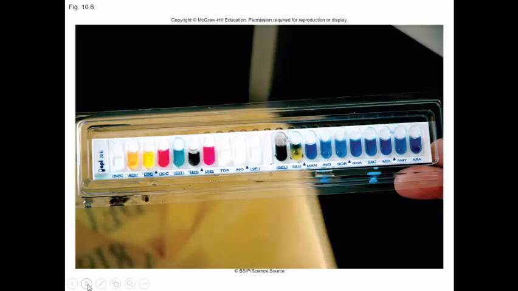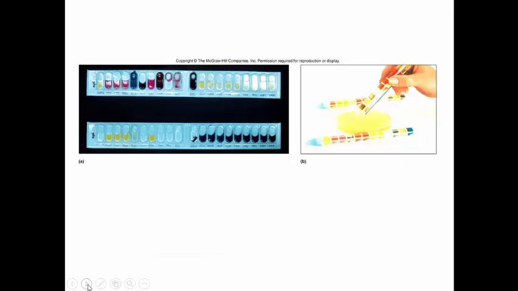At the same time, you have the same culture. This is an API test strip. And you can do all sorts of tests at the same time. That means you cut down on the time it takes from when you've taken the sample from the patient, and you can get an identity of all the different biochemical tests all in that one strip for that particular organism. And there are a variety of other tests out there that are similar to that.